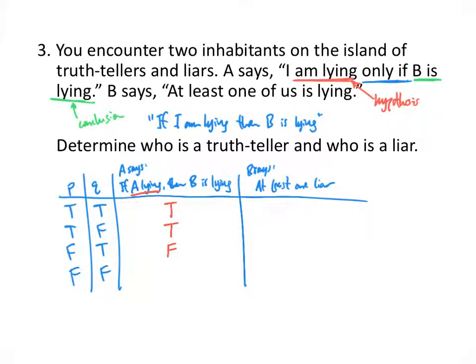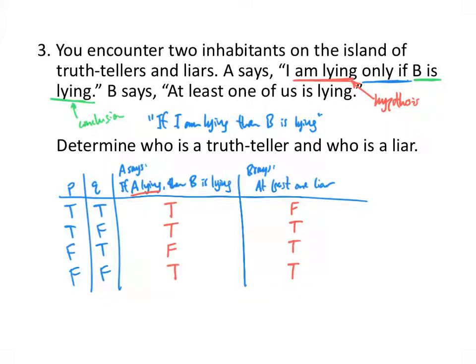Finally, in the fourth row of my table, the hypothesis is true, A is a liar, and the conclusion is also true, B is also a liar, and so that if-then statement is true implies true, which is true. Now what B says, that's a little bit easier to analyze, right? B says there's at least one liar, and so that's going to be true in each of the last three cases, and only false in the first case, because if both of them are truth tellers, then there is not at least one liar.